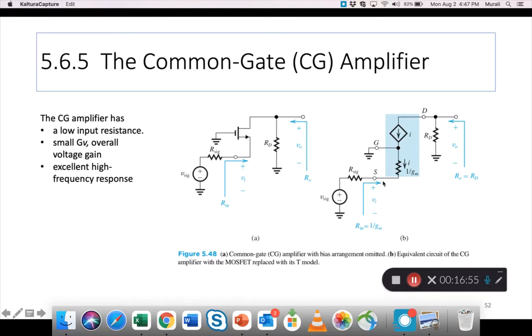The input voltage is shown at the source, right, because the input here is applied to the source, not to the gate, and then the output is still picked off across the drain resistance RD. The output resistance Ro equals RD, and the voltage output comes out of here. This I is to be calculated, okay, and we have formulas for those.